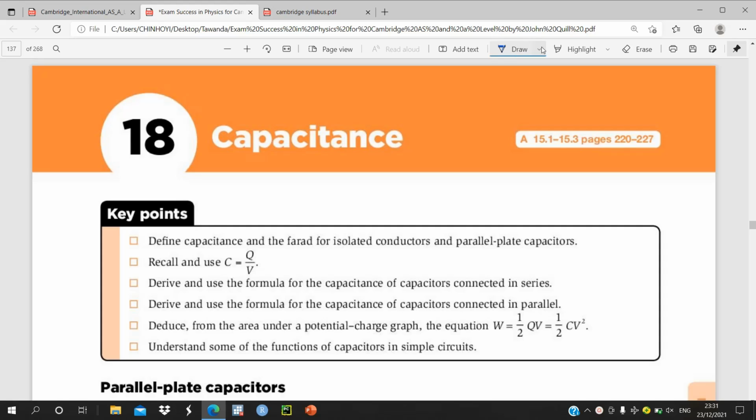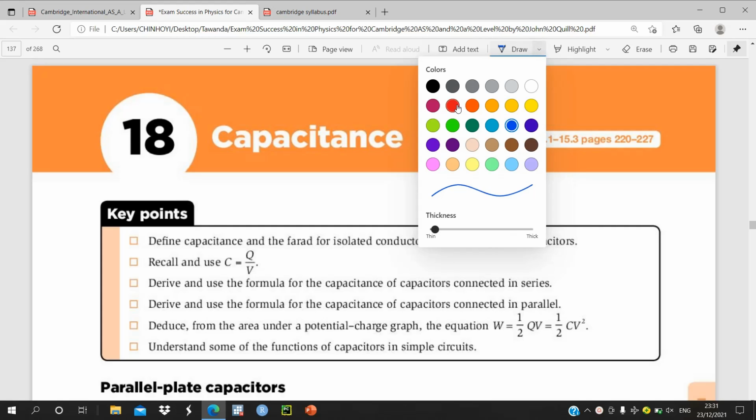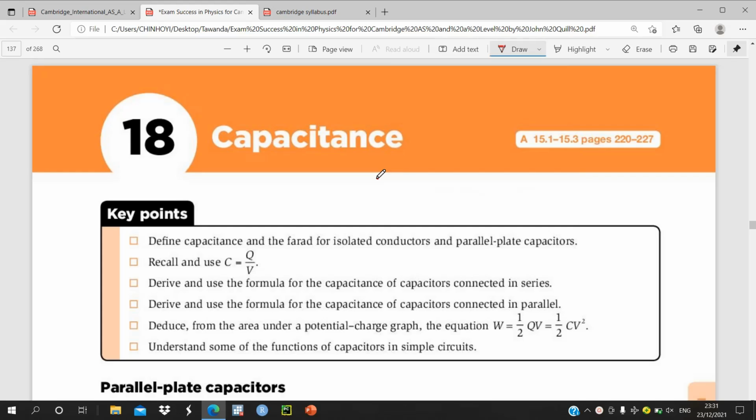By the end of this lesson, you should be able to define capacitance and its unit, the farad, for any isolated conductors and parallel plate capacitors.